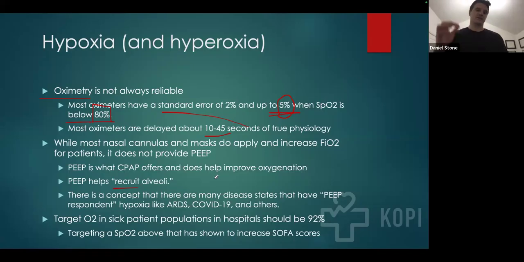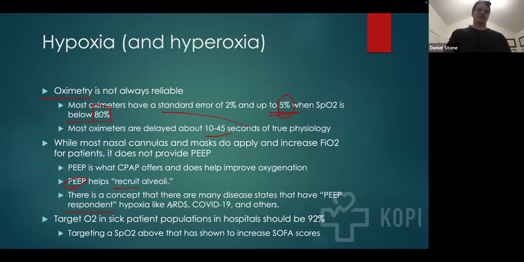There's also this concept in the United States called recruitment, basically meaning that the alveoli have collapsed. You're getting poor ventilation to the area and thus getting VQ mismatch. The perfused portions of the lungs aren't oxygenating. So in order to quote unquote recruit alveoli, we talk about PEEP. And there are things called PEEP responsive or PEEP dependent hypoxia.